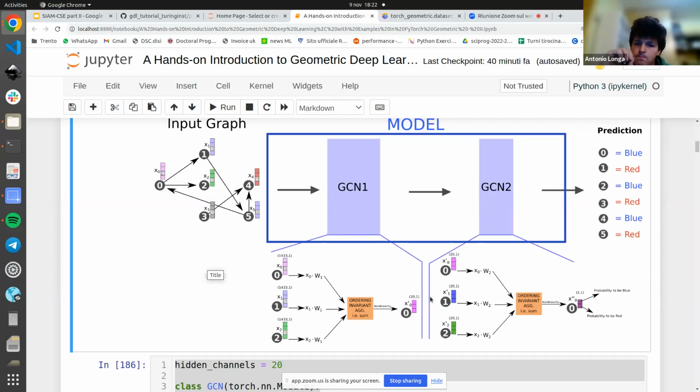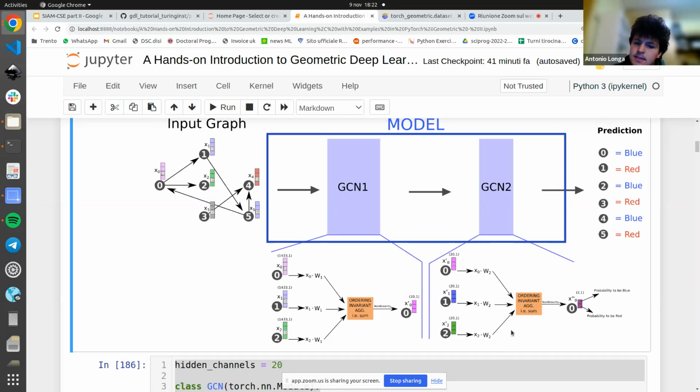Once you build this hidden representation for nodes 1, 2, 3, 4, all the nodes, you can move forward to the next convolution and compute x second 0, x second 1, and so on.